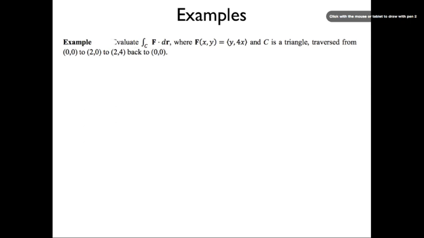All right, so really this example is I want to verify Green's theorem for this scenario. The circulation integral, where here's our vector field, and C is a triangle traversed from (0,0) to (2,0), (2,4), back to (0,0).